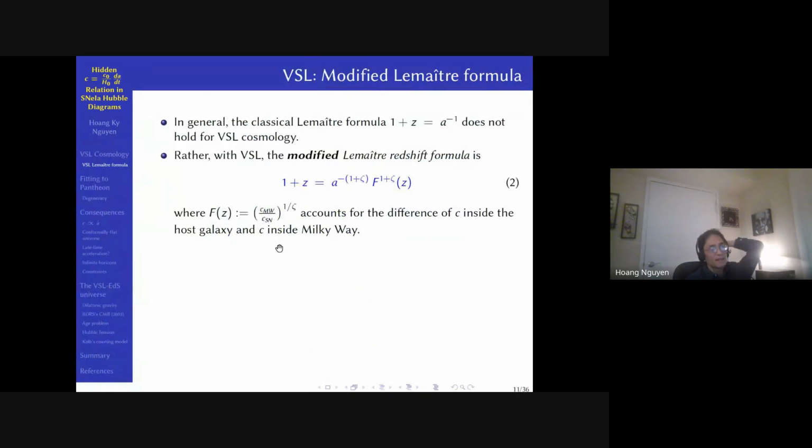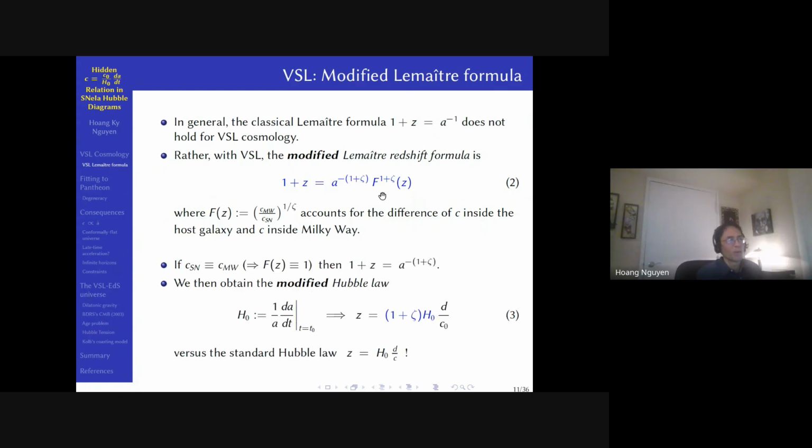And for that, I put in the function Fz, that ratio, to account for the difference of C inside the host galaxy and C inside the Milky Way. Okay. Now, so that's the formula. And of course, if you take the limit of C Milky Way equal, we have this form. It's different than the Lemaitre formula.